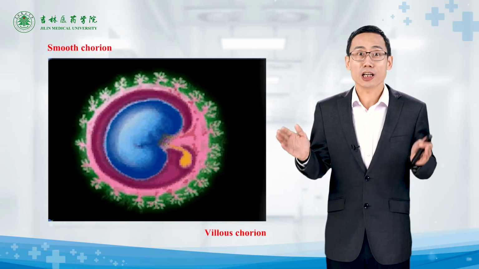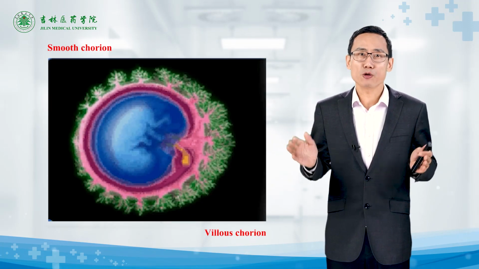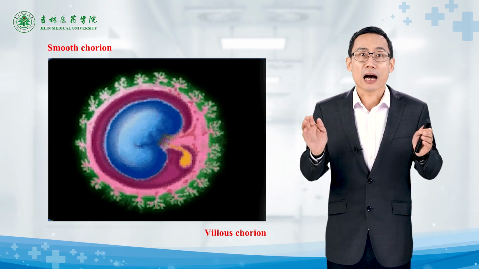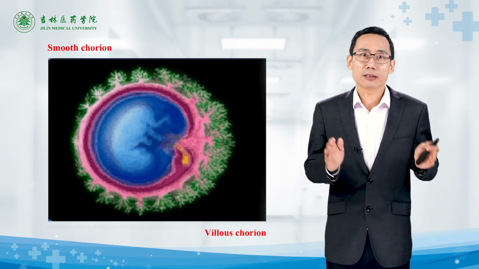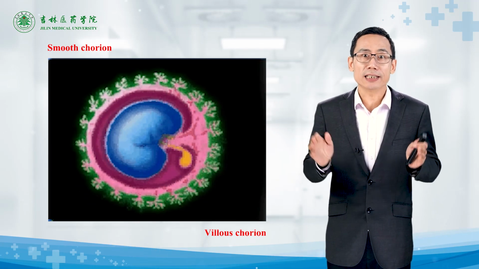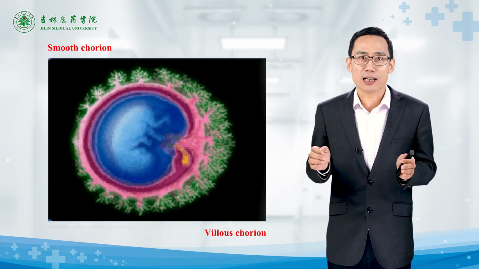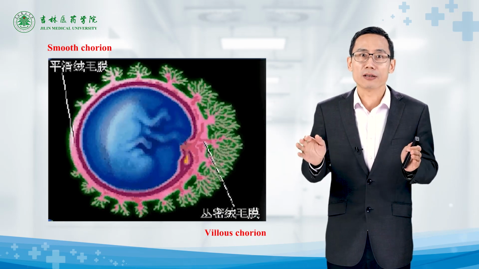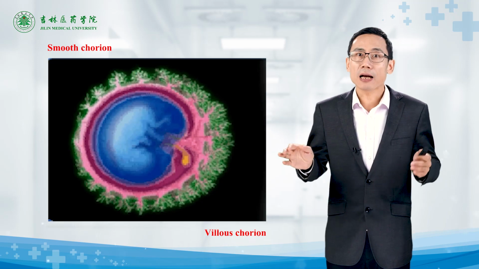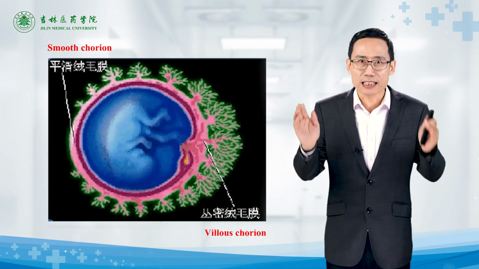At the early stage of the embryo, the villi are distributed evenly on the whole chorionic surface. After that, due to the lack of blood supply, the villi of the decidua capsularis gradually degenerated and disappeared, forming the smooth chorion without villi on the surface. The blood supply of the decidua basalis is sufficient.